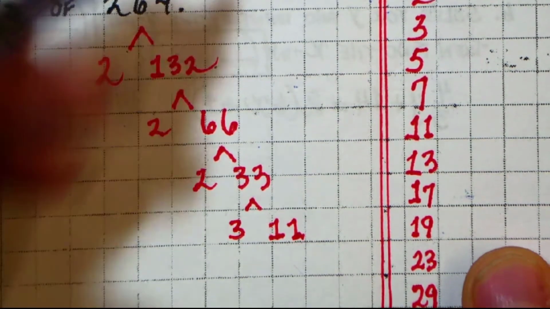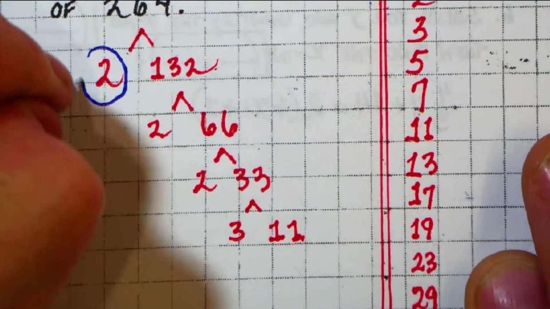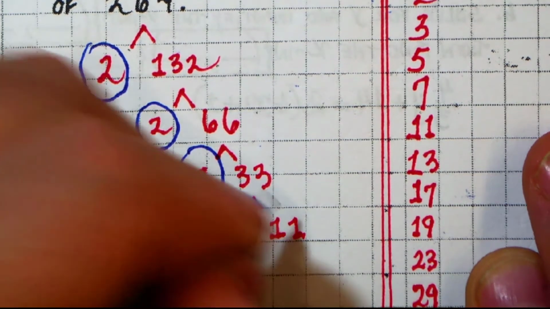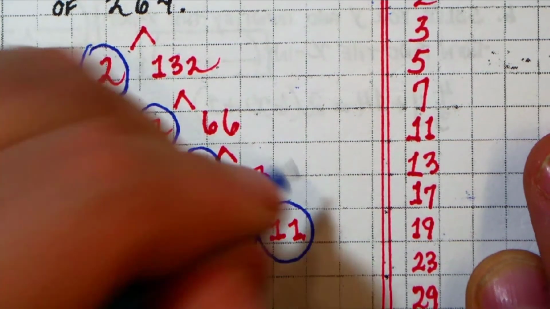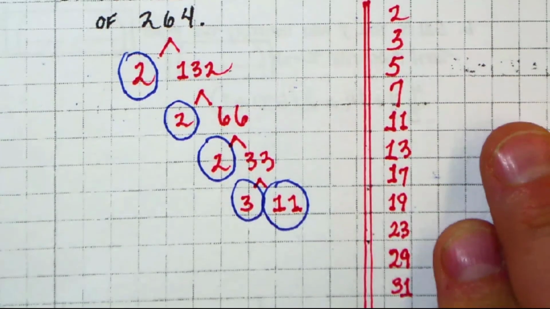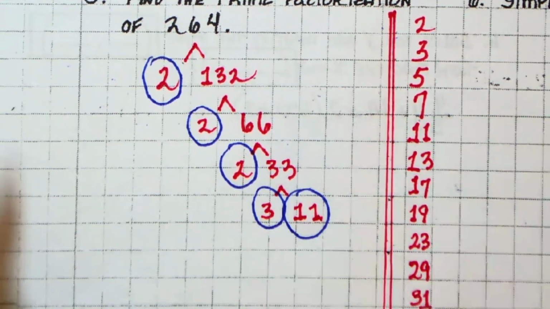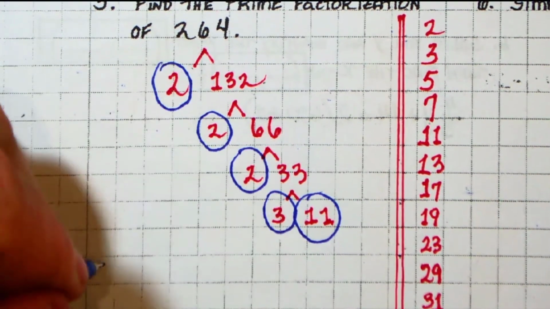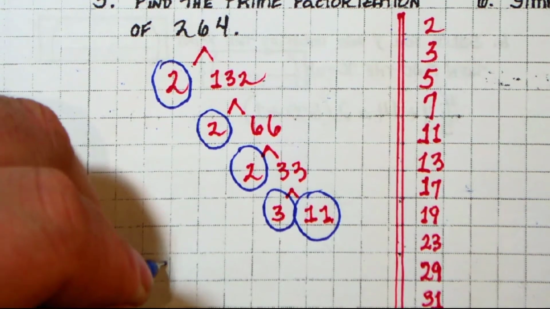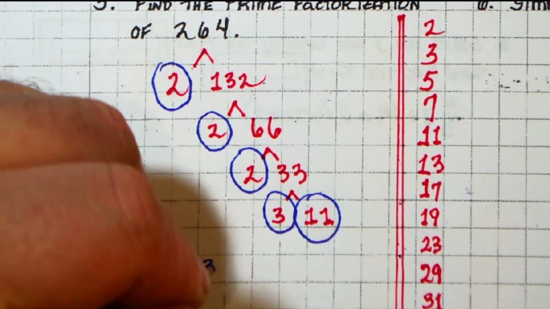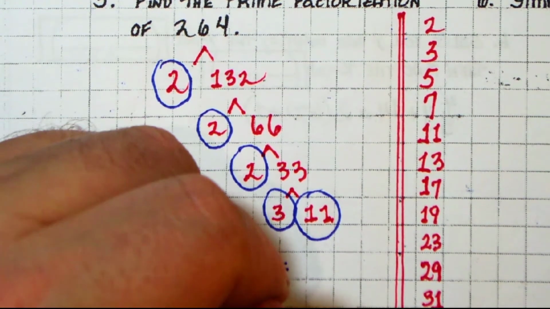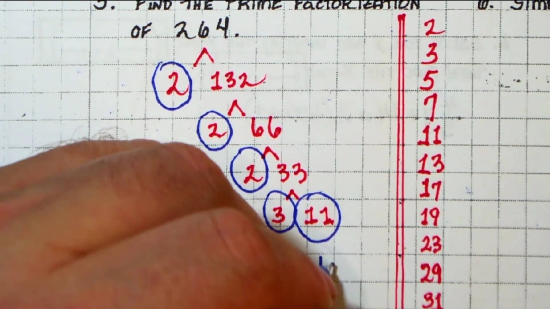And you did it. Now I'm going to show you a couple of ways of writing it. I understand that we're still getting our feet wet on this, so if you just do that, guess what? That's going to get you a good grade. But what I want you to write is 2 times 2 times 2 times 3 times 11 equals 264.